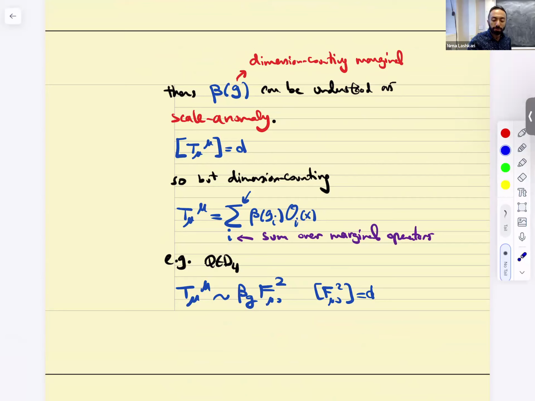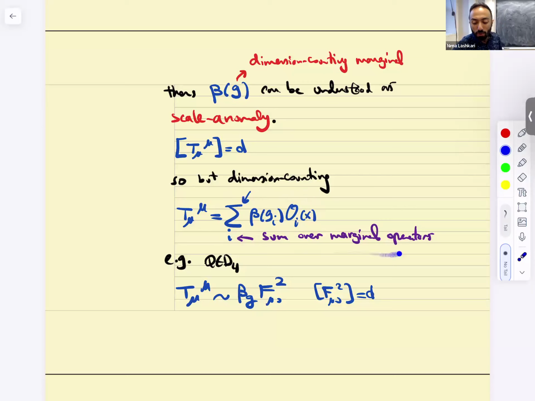Now, in principle, just by dimension counting, T mu mu is supposed to be a quantum equation. It has to be a sum of beta functions. These beta functions are dimensionless, because they tell you about the running of a dimensionless coupling.